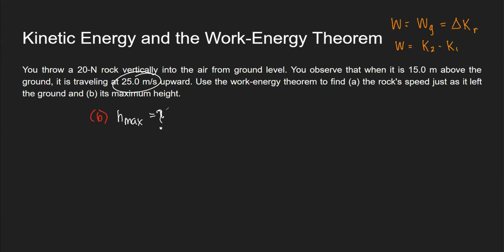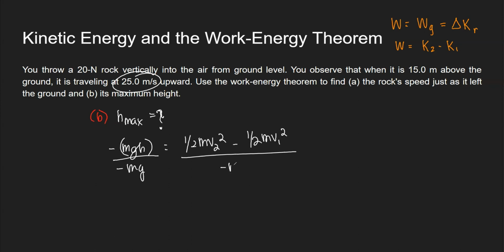Let's go back to the equation a while ago. That's just negative mgh equals 1/2 mv2 squared minus 1/2 mv1 squared. We're looking for the h here. So just transposing, I just need to divide everything by mg.